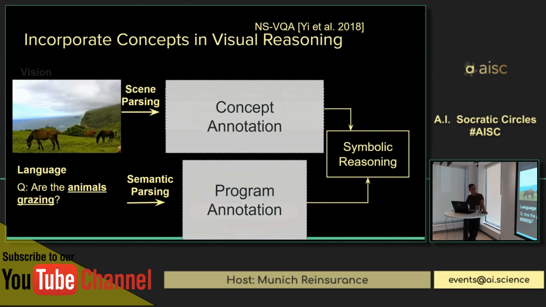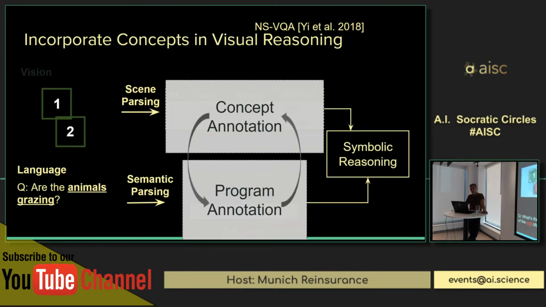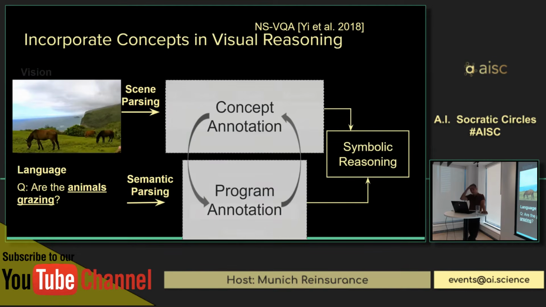So, for example, in this case, with the image of 3 horses. So the idea in this paper is to jointly learn the visual concept and semantic parsing module from natural supervision, where basically no explicit human annotation is needed for both concepts and programs.